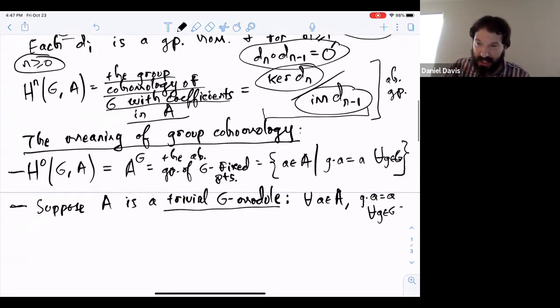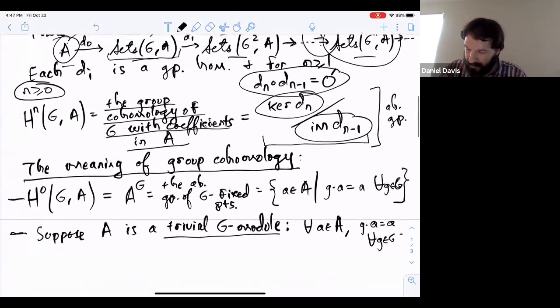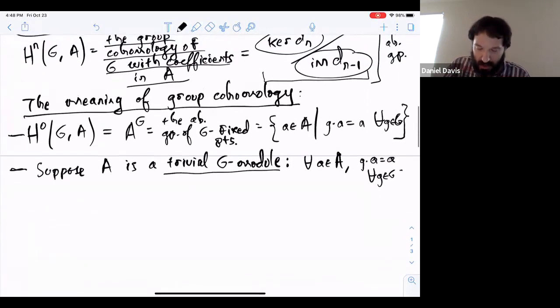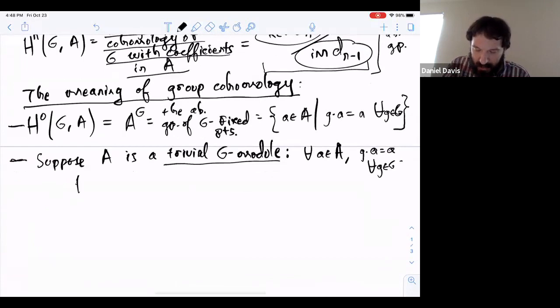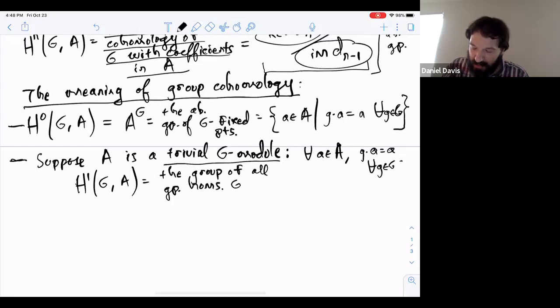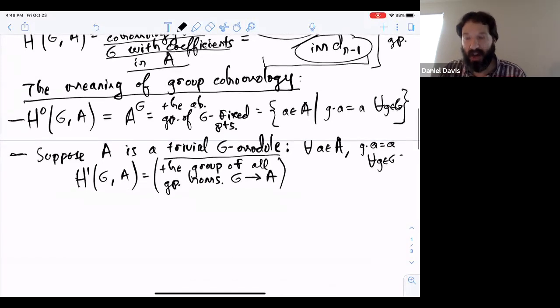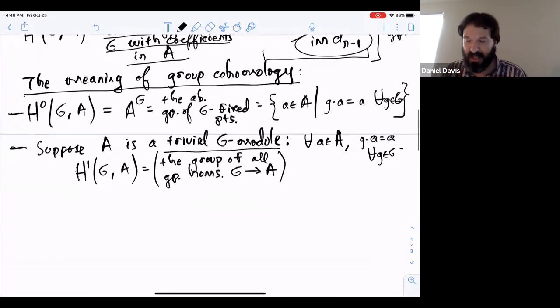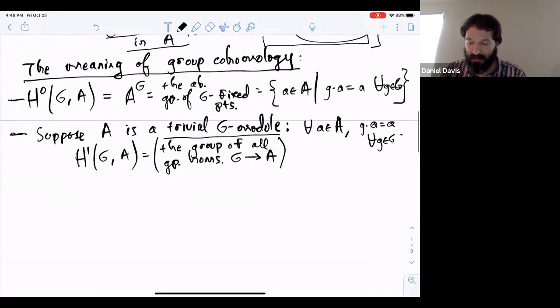Okay. So in this case, H1 of G comma A is equal to the group of all group homomorphisms from G into A. Okay, and the addition is defined pointwise, and because A is an abelian group, this group is an abelian group.